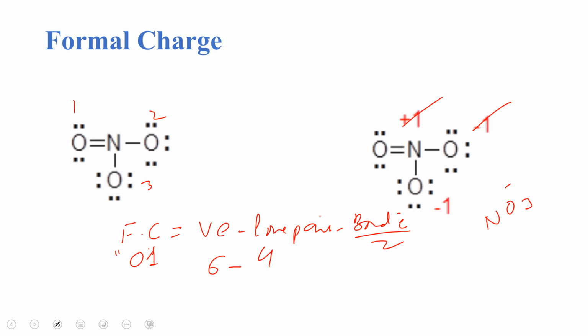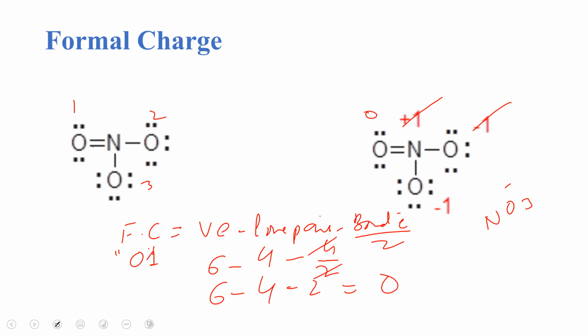So 4, and minus the bonding electrons, which are 2 and 2 is 4, so 4 by 2 gives the share of the oxygen. So here it is 6 minus 4, minus 2, so overall this is 0, right? So this oxygen is not carrying any charge.